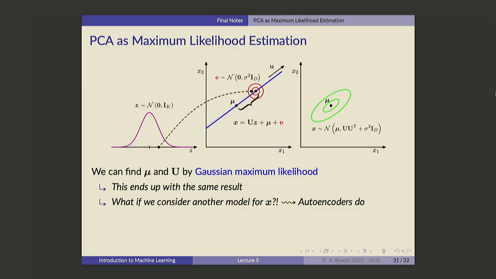Now, here, again, we are assuming x is generated from a Gaussian random variable by a random process, and that random process is processing the original latent in a linear form, right? Now, what if we assume that it's processing it in a nonlinear form? It's going to be the autoencoder.